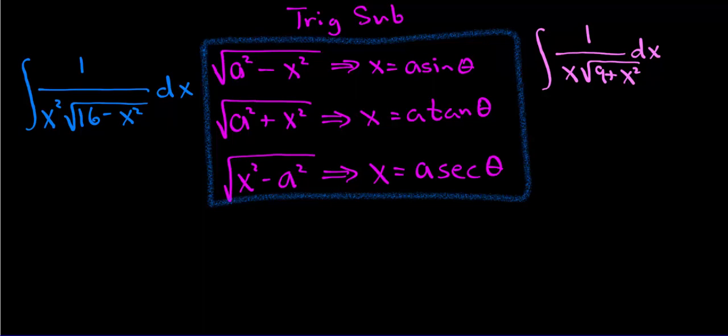If we chose to, for example, let x, in this case up here, be a cosine, well, then we're going to end up with a negative derivative. This is an easy guide to substitution, to use sine, tangent, or secant, because all their derivatives are just going to be positive.